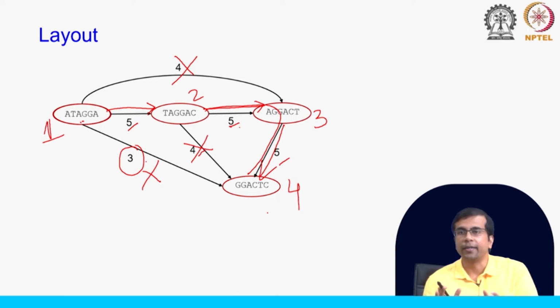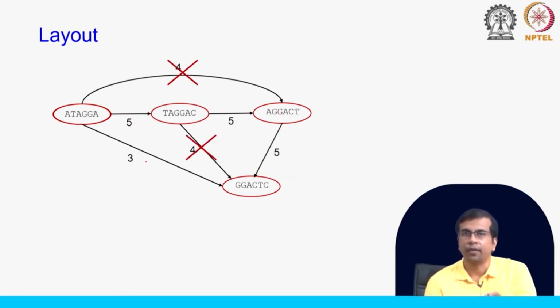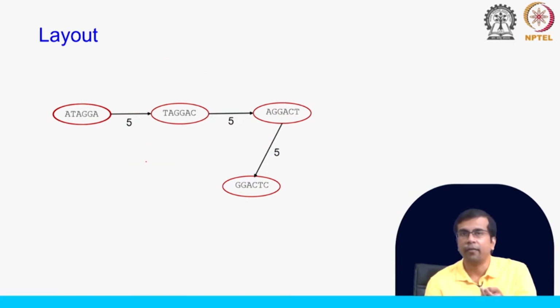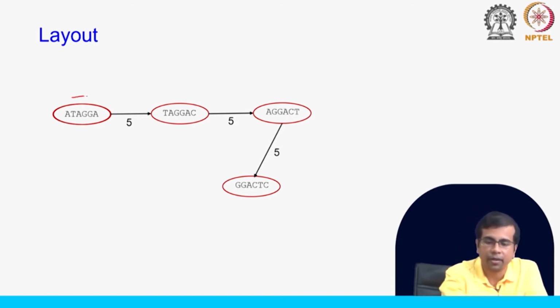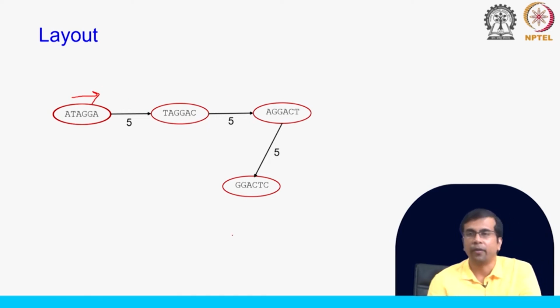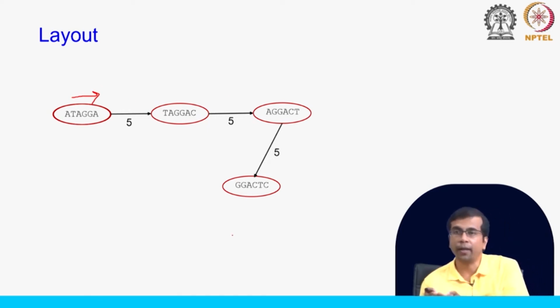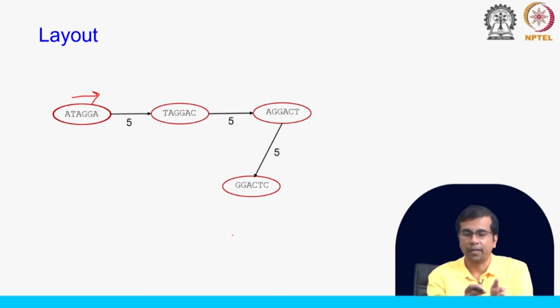So, in essence we are removing these edges that can be inferred from other edges in the graph. These 3 edges we can remove, and what we are left with are these 3 edges here. As we traverse through this graph, if we start from here, we have a simple path. We do not need to find the optimal path in this graph, we can simply traverse through this path, and this follows the Hamiltonian path.